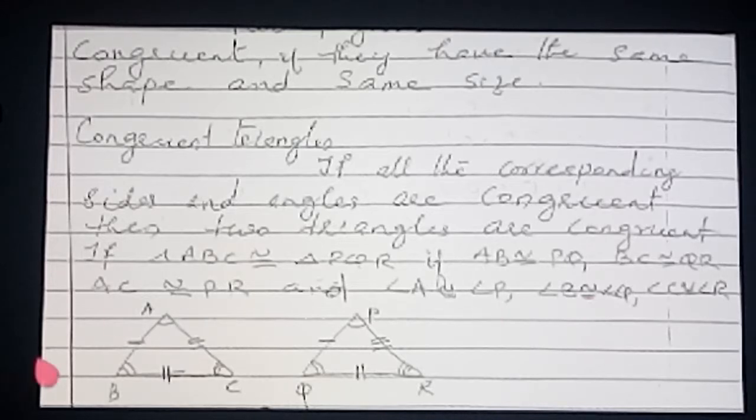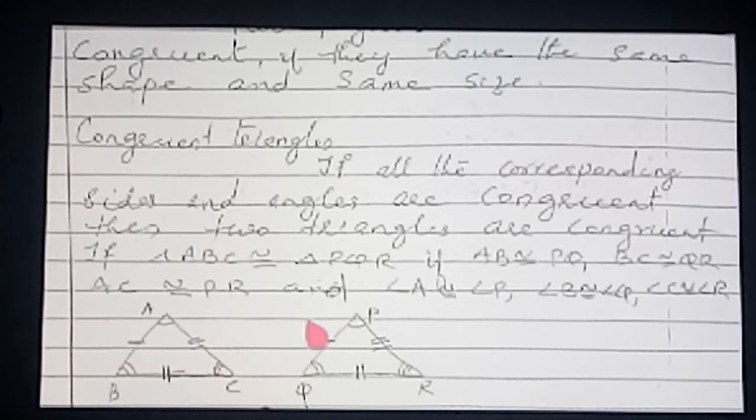So which are the two conditions? AB equal to PQ, BC equal to QR and AC equal to PR. Clear? Second condition, angle A equal to angle P, angle B equal to angle Q, angle C equal to angle R. When these two conditions are satisfied, that type of triangles we call congruent triangles.